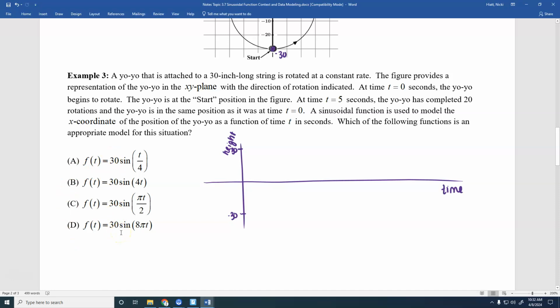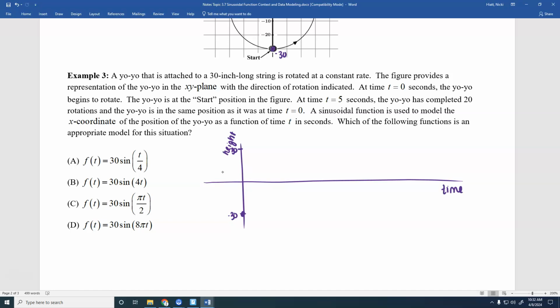No, they are not. I think there might be an issue with the problem itself here, because I think it would need to be shifted over because that start is going to be at negative 30. You're starting at the bottom there.